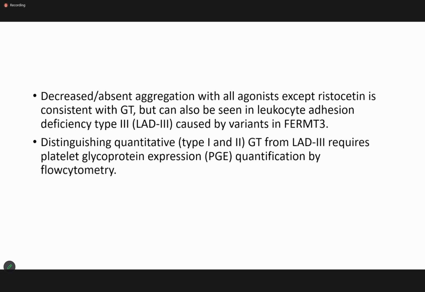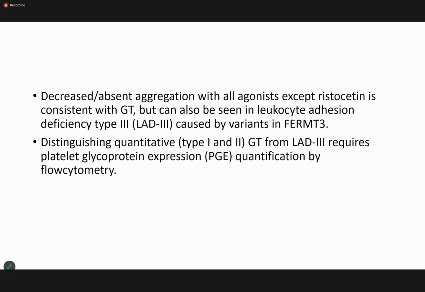Basically, decreased or absent aggregation with all agonists except ristocetin is more consistent with Glanzmann thrombasthenia, but it can also be seen in leukocyte adhesion deficiency type 3, because of variant integrin.